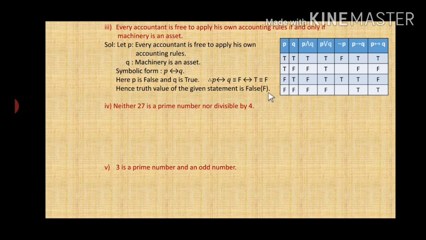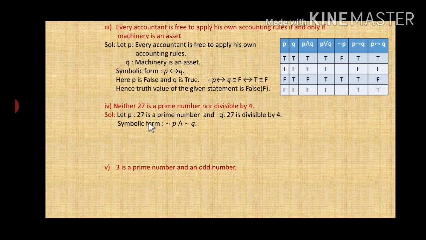Understood? The next one. Neither 27 is a prime number nor divisible by 4. Now neither nor means you have to use the negation of the statement. So what are your statements? 27 is a prime number, and the second statement is divisible by 4.